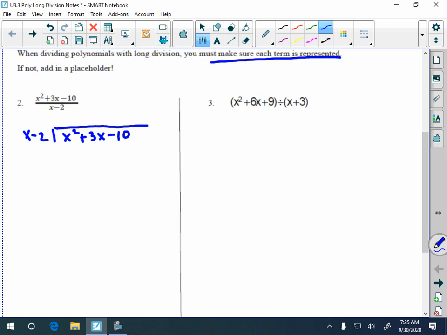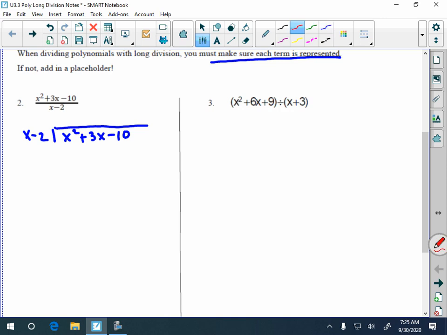If there's a skip in exponents, then you want to put in a 0x to whatever exponent you're missing as a placeholder. On the outside we have an x, that's x to the first, and then the constant term, so there's nothing missing. On the inside, x squared, x to the first, constant term, so nothing's missing.